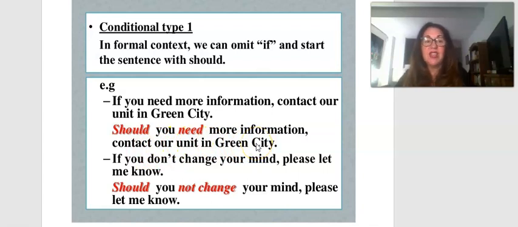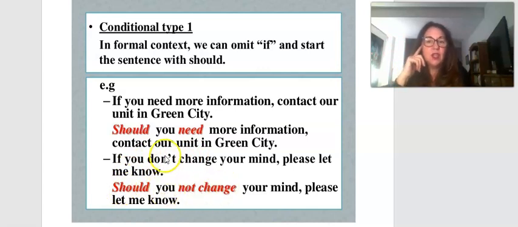You see, nothing else. This other example is an example of a normal conditional in negative form. If you don't change your mind, please let me know. So for the inversion, the if disappears and I need the auxiliary should. So if you don't change becomes should you not change.